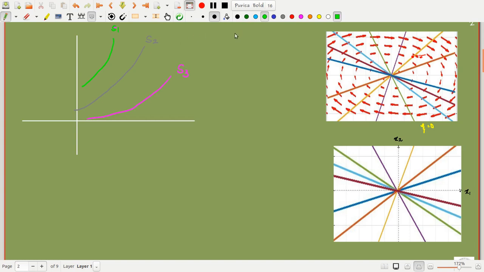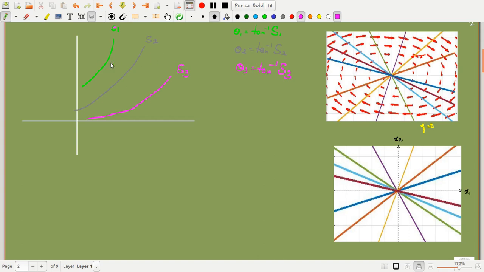Theta 1 is equal to tan inverse of S1. Similarly, theta 2 is tan inverse of S2. Similarly, theta 3 is tan inverse of S3. These are the three angles.